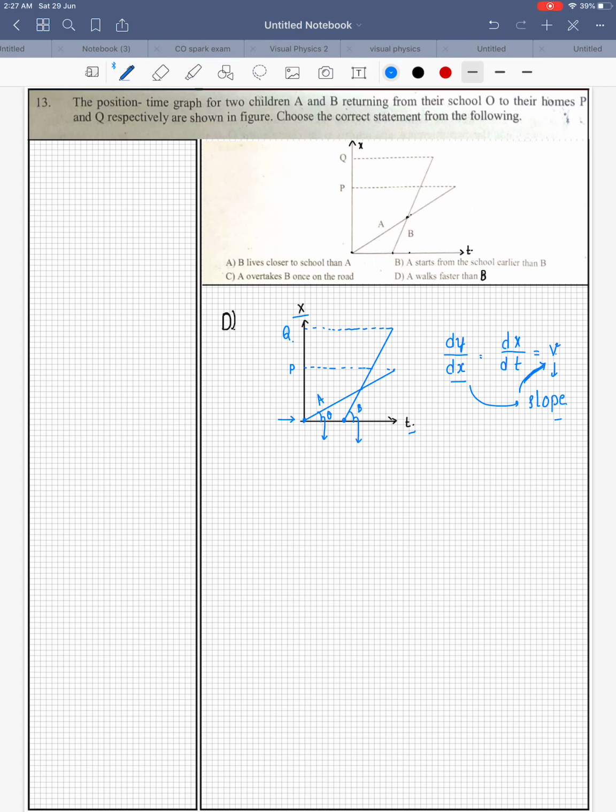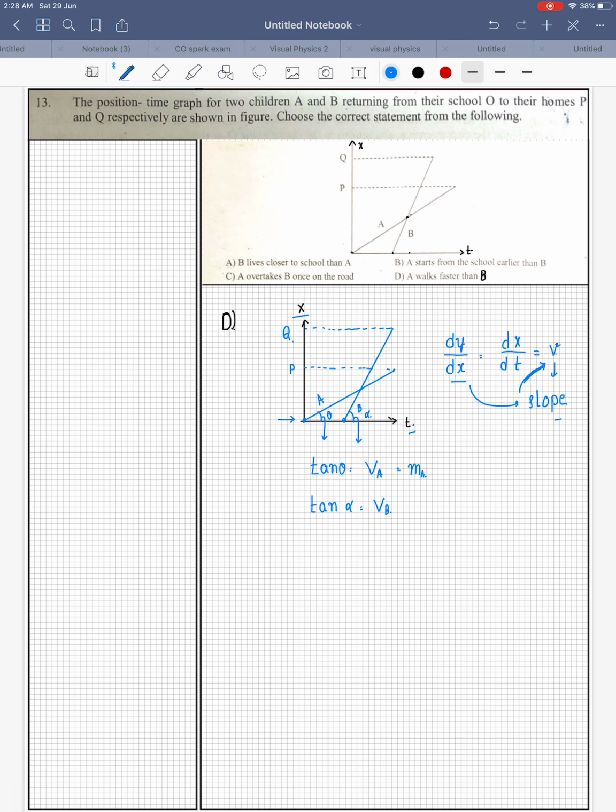If this is theta and this is alpha, tan theta is the velocity of A, because that equals the slope of A. Tan alpha equals the velocity of B.